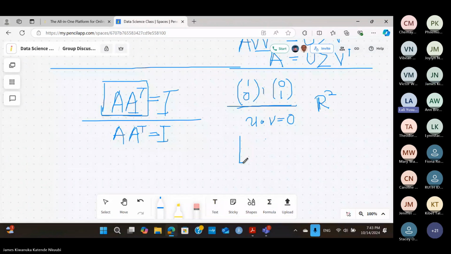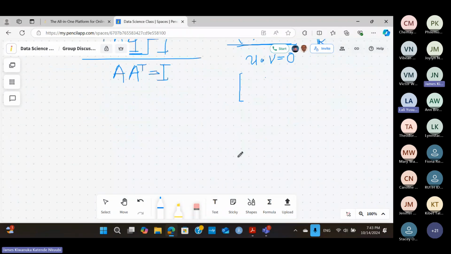Yes, that is a vector space, but we are not interested in it as a vector space now. Yeah, but that vector space consists of matrices.